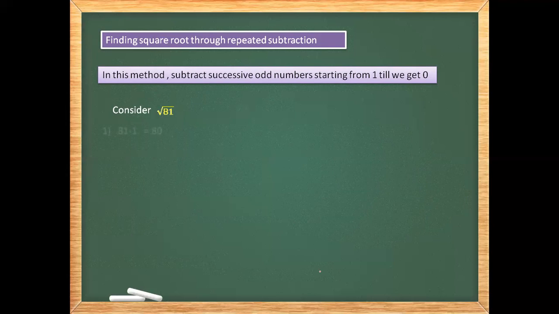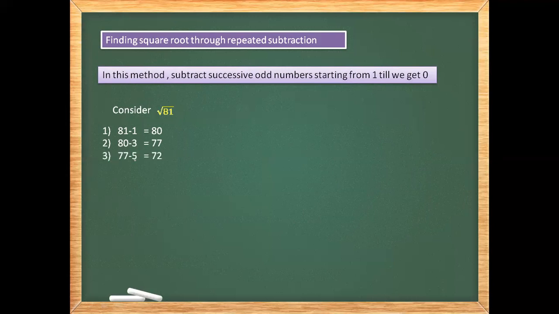So 81 minus 1 is equal to 80. Then 80 minus 3. Why? Because after 1, which is the odd number? 3. So 80 minus 3 is equal to 77. Now 77 minus what? 5. Because after 3, which is the odd number? 5.